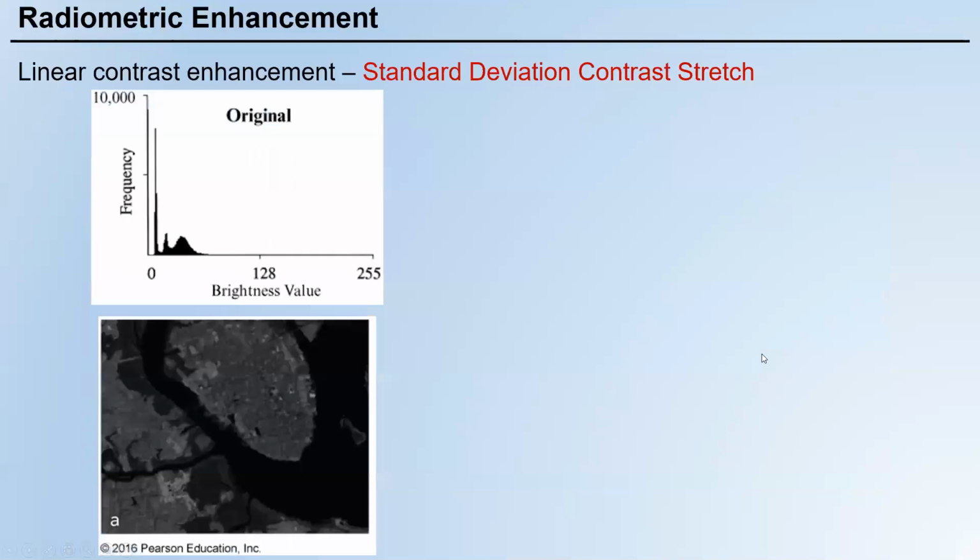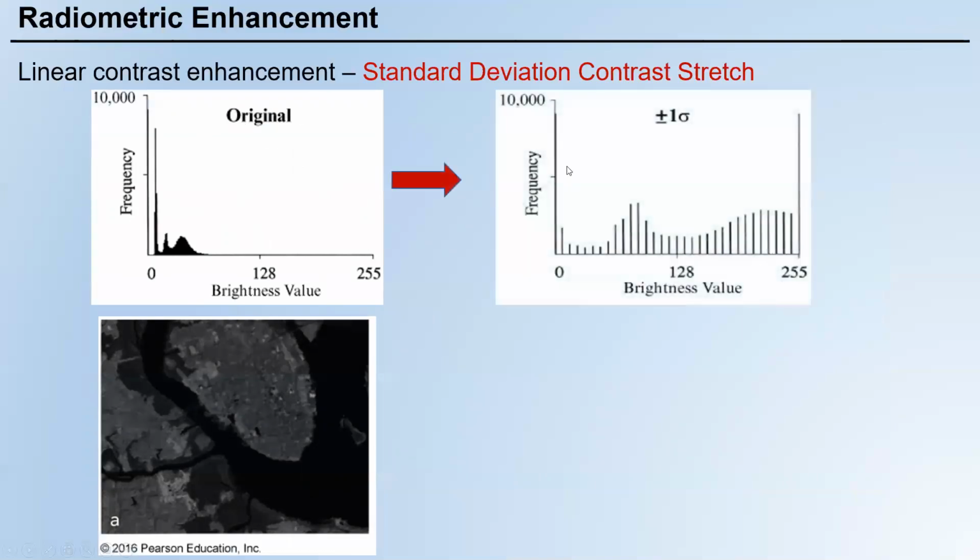Let's say this again. Original image, original histogram. When we're using a 1 standard deviation stretch, you can see that the histogram here is not the same anymore, and there is an even larger change than after the max min stretch.